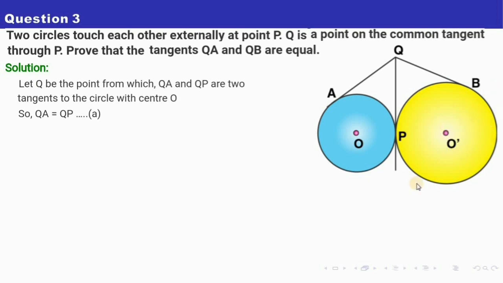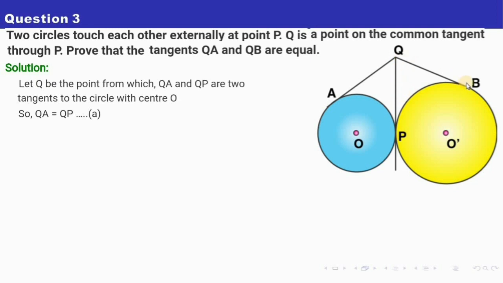Let me call this equation A. In the next case, let us forget about the blue circle and see that there is only the yellow circle. Now Q is an external point, and from Q you are drawing two tangents to the yellow circle, one is QP and another is QB.